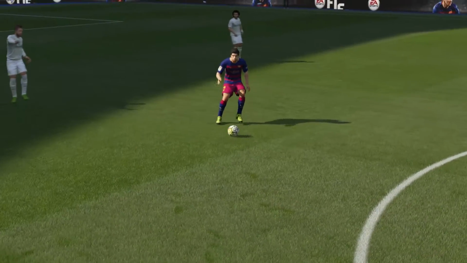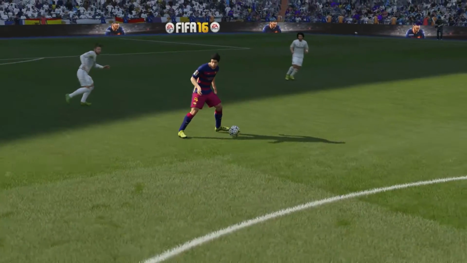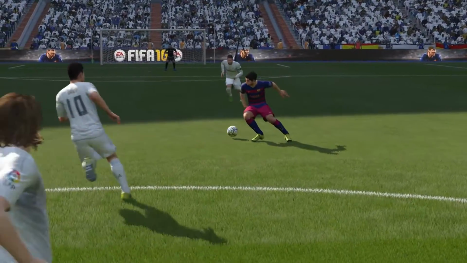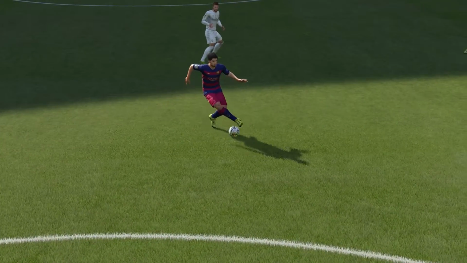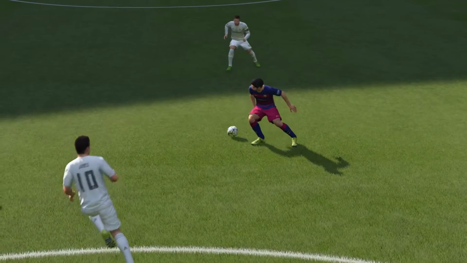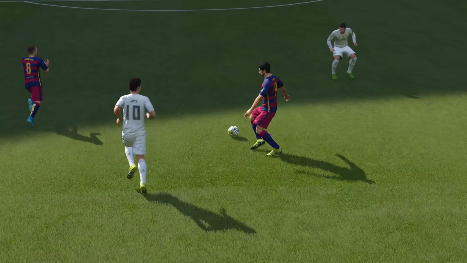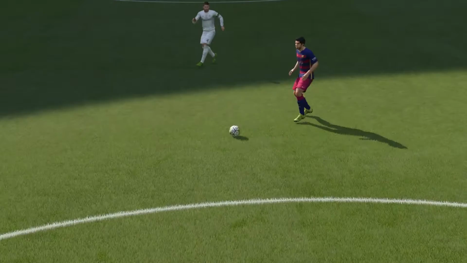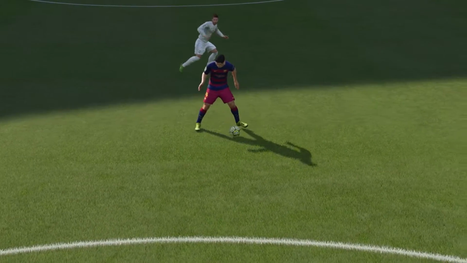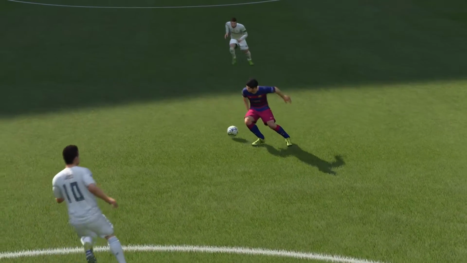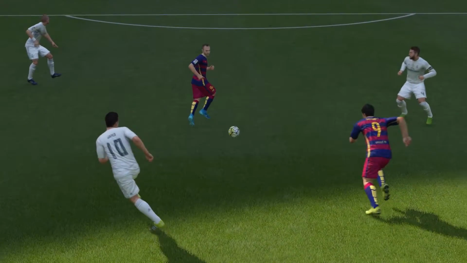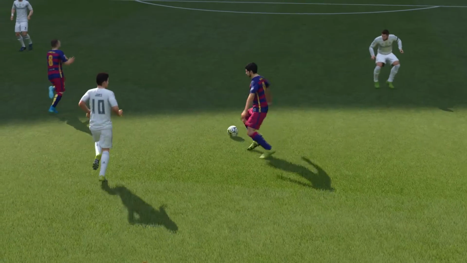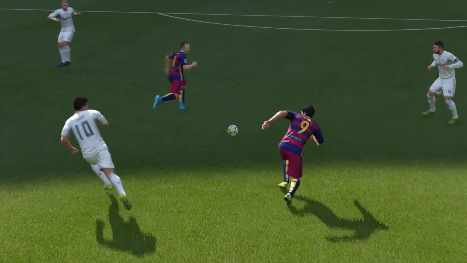Now the next thing we're going to take a look at here, look at the ball and notice how the ball does not shift to his foot, and look at the animation quality, the fluidity of his transition here. Now, one thing I will point out that FIFA doesn't have all the way as well is they don't always seem grounded. The overall player movement and the connectiveness, if that's a word, excuse me guys, them being connected to the surface, it's still not 100%, or it still has a lot of room to improve in FIFA.